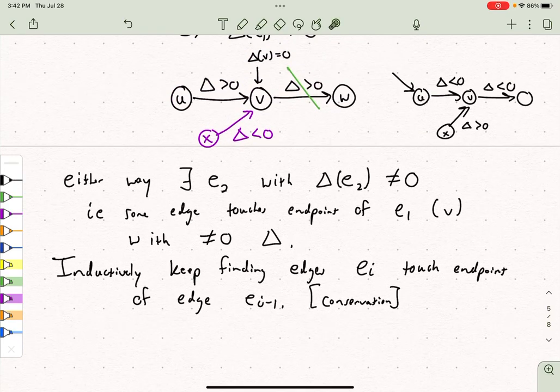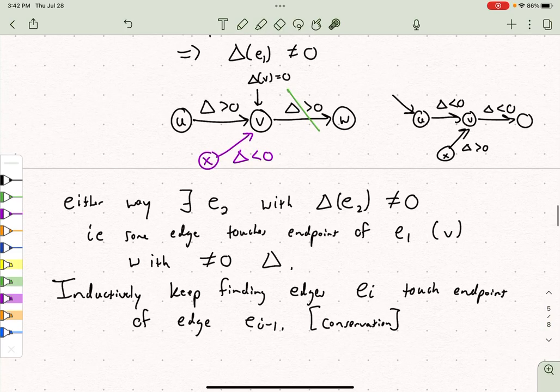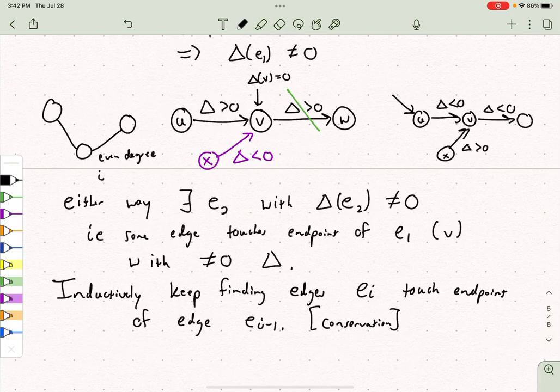If we ever arrive at some node by some non-zero pseudoflow, then we have to be able to leave that node by some other non-zero pseudoflow. Otherwise, the total net change at V would not be 0. So just like in Eulerian circuits, every time you enter a node, because it has even degree, there must exist a way to leave it. So it's the even degree idea from Eulerian circuits. So we enter, and then we can leave.